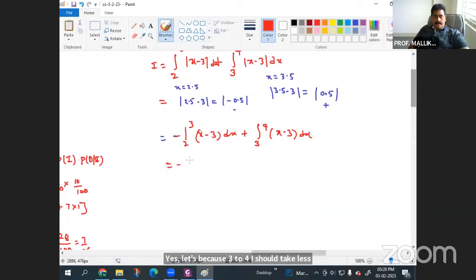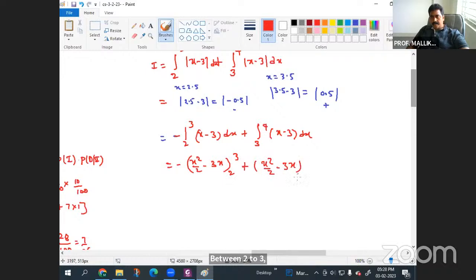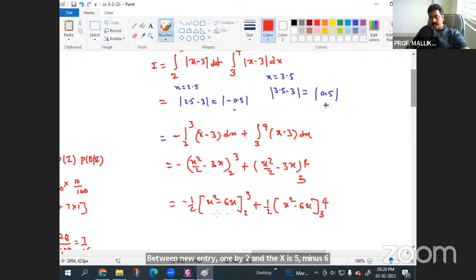Now integrate: x square by 2 minus 3x between 2 and 3, and x square by 2 minus 3x between 3 and 4. That equals minus 1 by 2 of x square minus 6x between 2 and 3, plus 1 by 2 of x square minus 6x between 3 and 4.